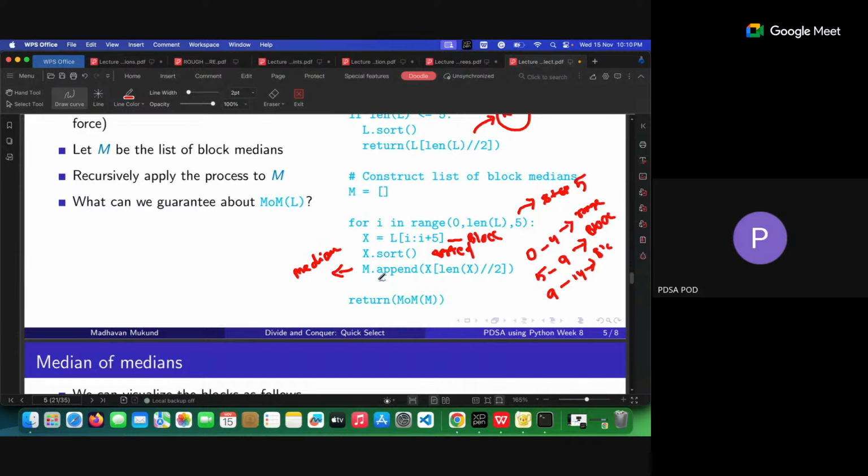That median is added to list M, so it is constructing a list of medians. Whatever list you have been given with more than 5 elements, maybe 15 elements, these 15 elements are divided into 3 blocks. From each block it extracts the median. That is what it is doing recursively.